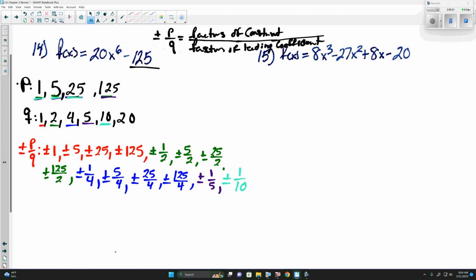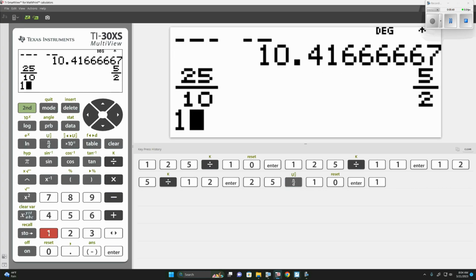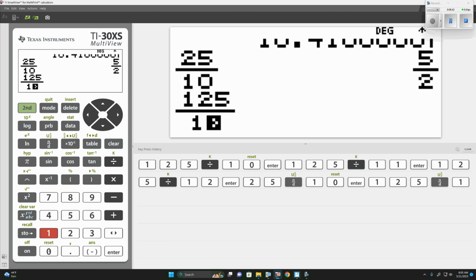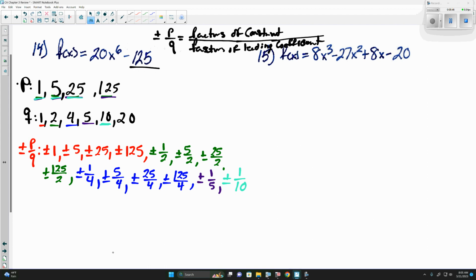We have 5/2 listed. And lastly, 125 divided by 10 is going to reduce to 25/2. We have it, so we only have to list the 1/10.